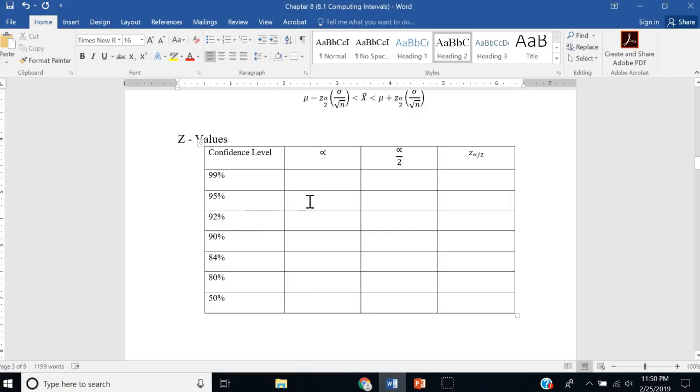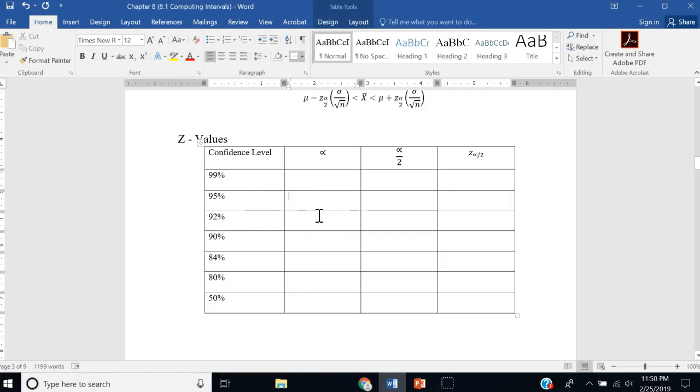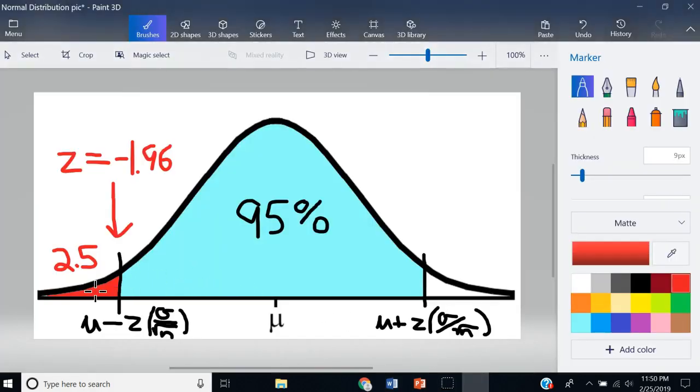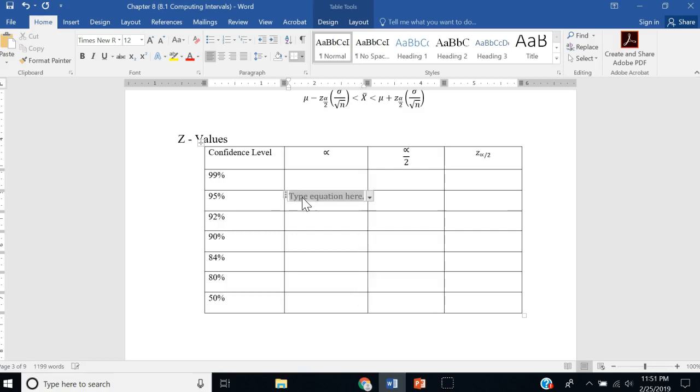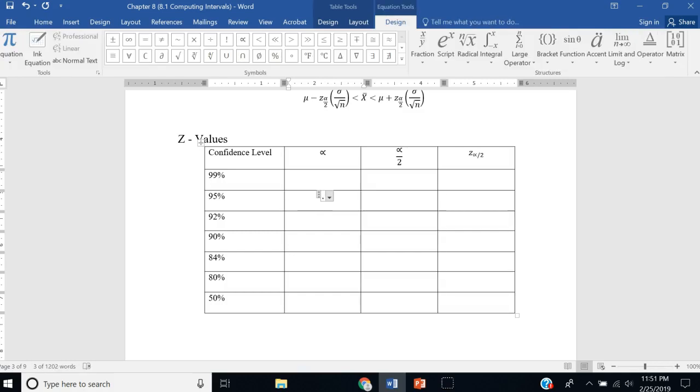So here's the deal. 95% confidence level. We had a 5% chance that something fell on the outside. In other words, the 5% chance was both sides. The way you should think about that 5% is in terms of getting it wrong. We're 95% sure that we get it right, so we have a 5% chance that we get it wrong. Now, instead of writing alpha as 5%, I'm going to write it as a decimal, 0.05.